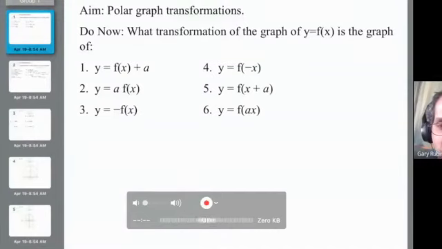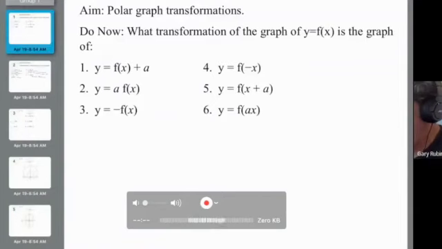How about number 4? Anyone have thoughts about number 4? You could use a specific example.